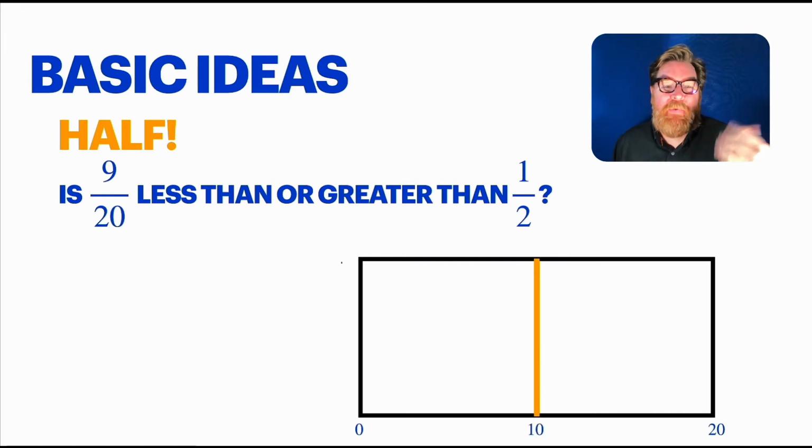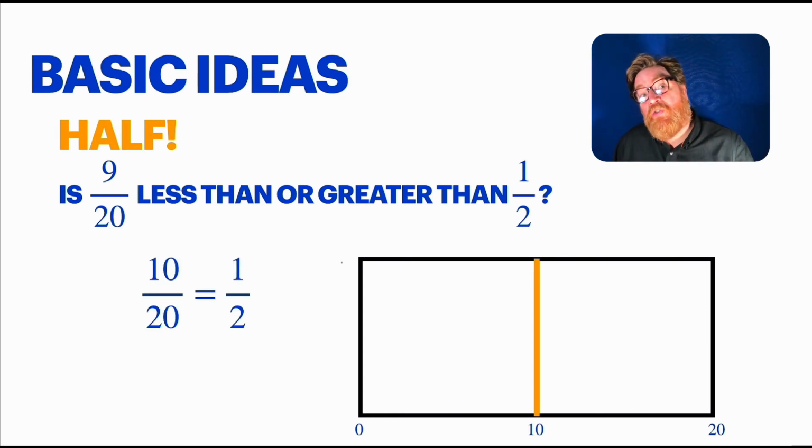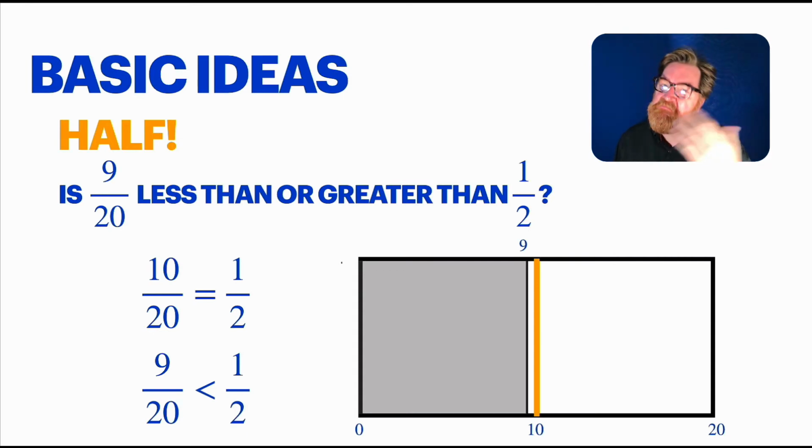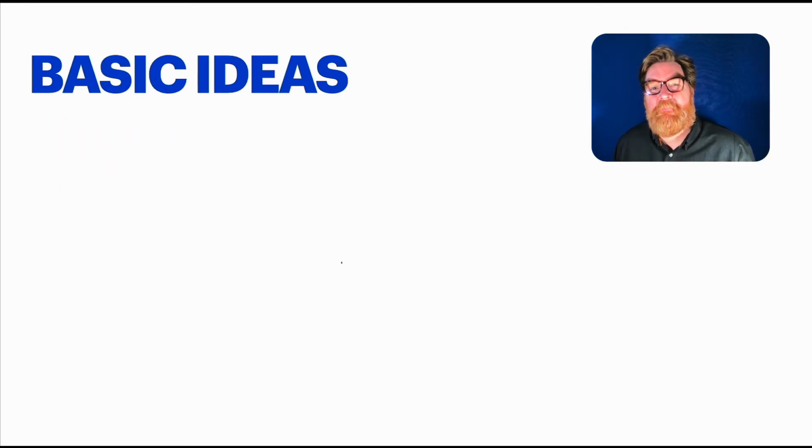All right, now we got it. Now to compare 9/20ths to 10/20ths is a pretty easy thing to do. So 9/20ths has to be less than 10/20ths, of course. So 9/20ths is less than a half. See how that's working? Just figure out what half is, and then you're good to go.